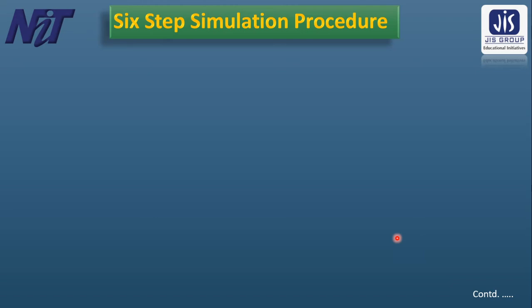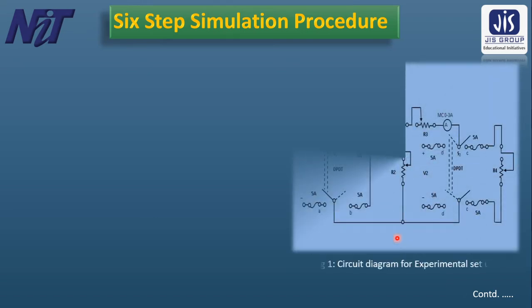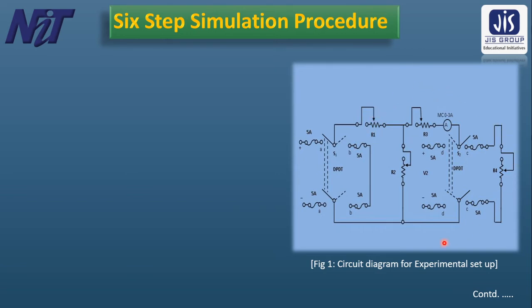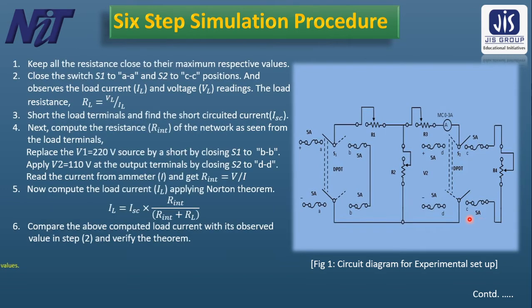So this is the 6-step simulation process. Our actual simulation circuit will look like this when we go to simulate at the website. Let's discuss the 6 steps and how they will be achieved. First, keep all the resistances close to their maximum respective values: R1, R2, R3 and RL as well, and close switch S1 to the AA position.